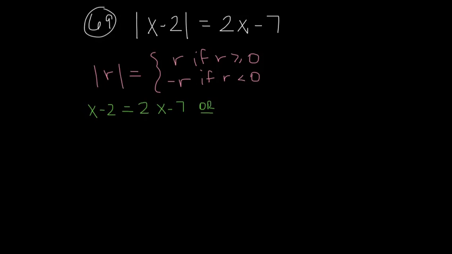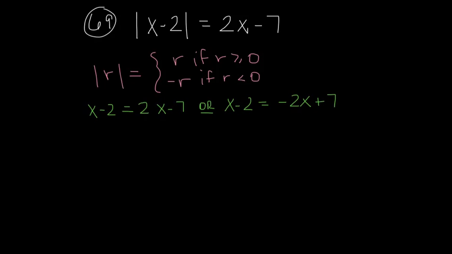Or, my other possibility is that what's inside is equal to the opposite of what's outside. That would look like taking x minus 2 and setting it equal to the opposite of 2x minus 7. To take the opposite of a quantity like that, you take the opposite of each individual term. So that would be negative 2x plus 7.